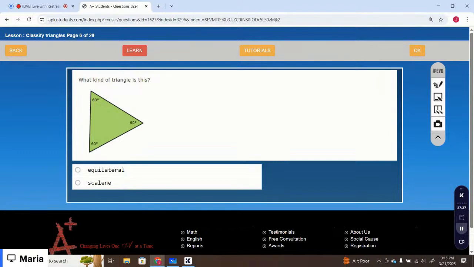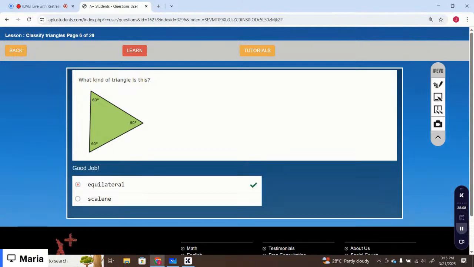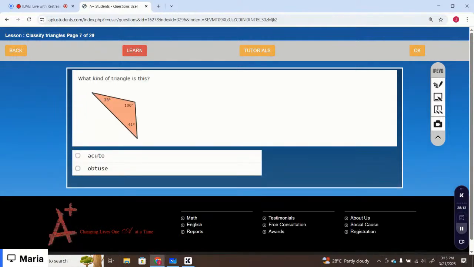What kind of triangle is this? That is an equilateral triangle because all the angles measure exactly 60 degrees, so that's an equilateral triangle. What kind of triangle is this?